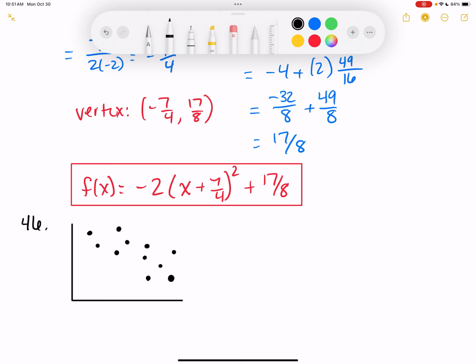They want to know the strength and direction of the linear correlation. If the points are pretty tight together, we call it strong. If they're spread out, but you can still make out how they're going, we say moderate. And if they're all over the place, we say weak or no association or correlation. It just depends on what's happening.